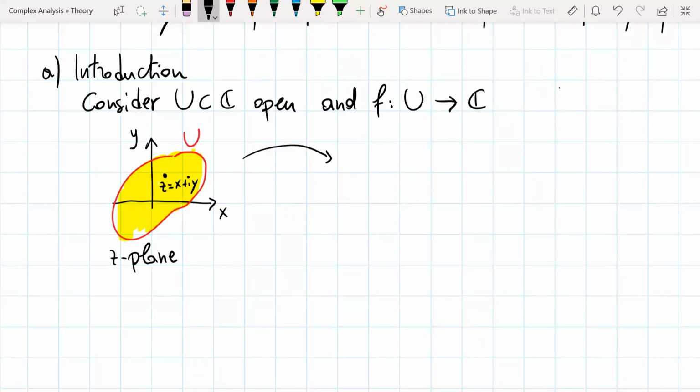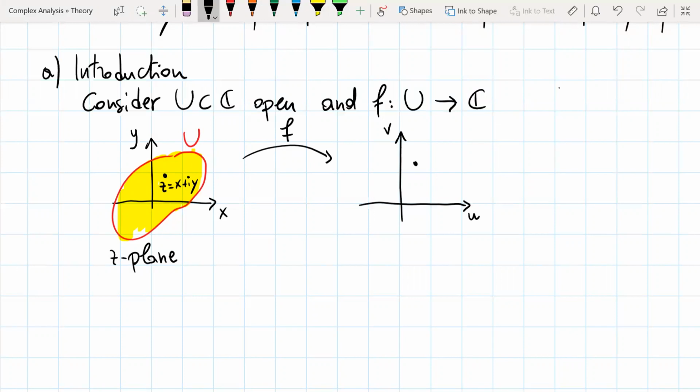Then my function f maps points of U into complex numbers. And these complex numbers we can also visualize using a plane, but this time we will use coordinates u and v to distinguish between the starting coordinates x, y and the ending coordinates.